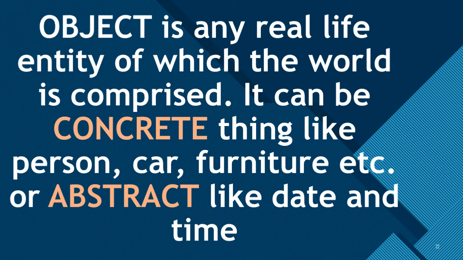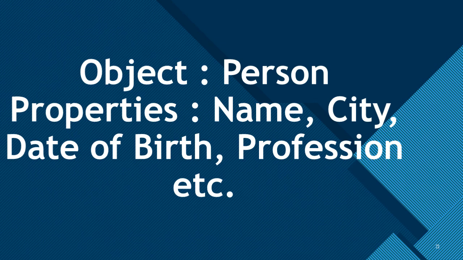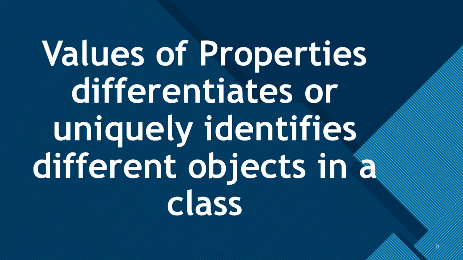So for example, if we consider a person as an object, what are the basic features that each and every person shares? That is name, city, gender, date of birth, profession, etc. So all this becomes properties of that object, and these properties are applied to all objects in that class, and we differentiate different objects from each other by the value of this property.